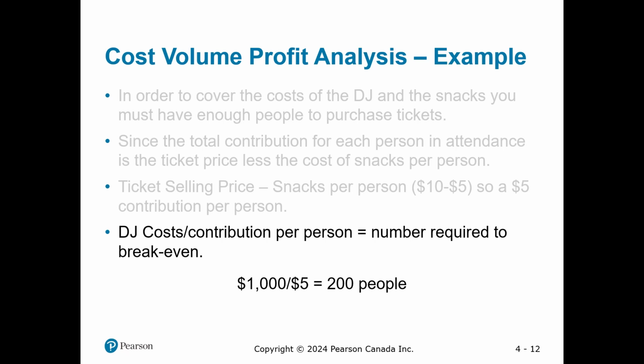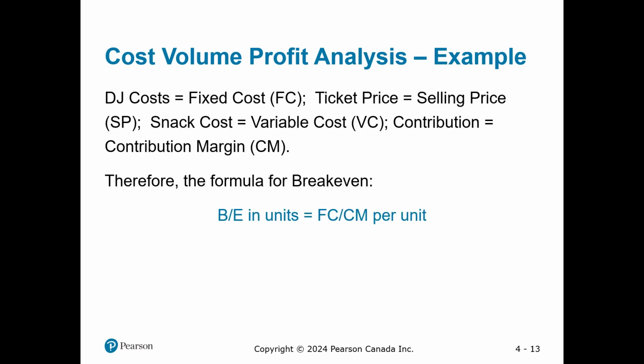That's the break-even formula. Break even is equal to fixed costs, FC, divided by the contribution margin per person in this case, or per unit in all cases. The contribution margin per unit is equal to the selling price per unit less the variable costs per unit.